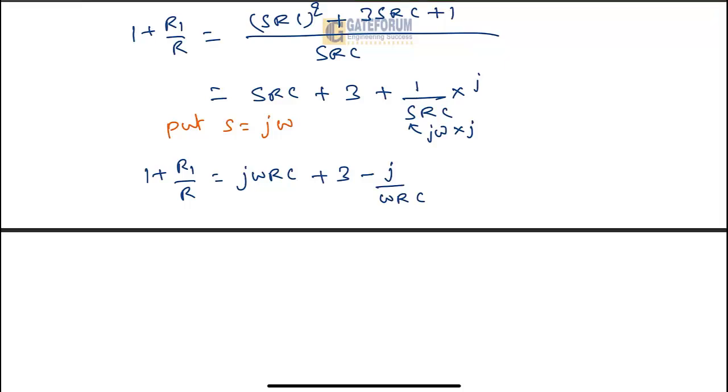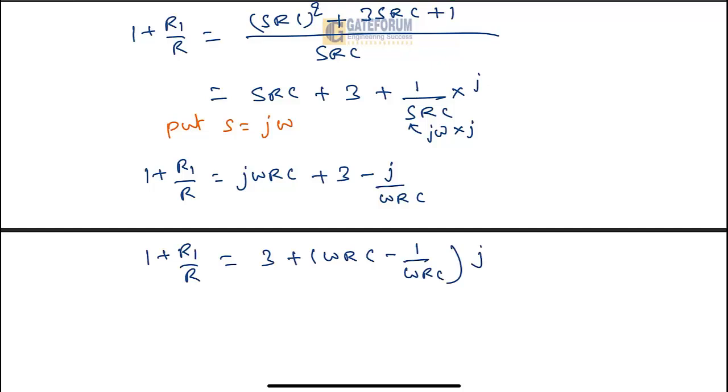Now we can keep the imaginary part on one side and the real part on the other. So this can be written as 1 plus R1 divided by R is equal to 3 plus J times omega RC minus 1 by omega RC.